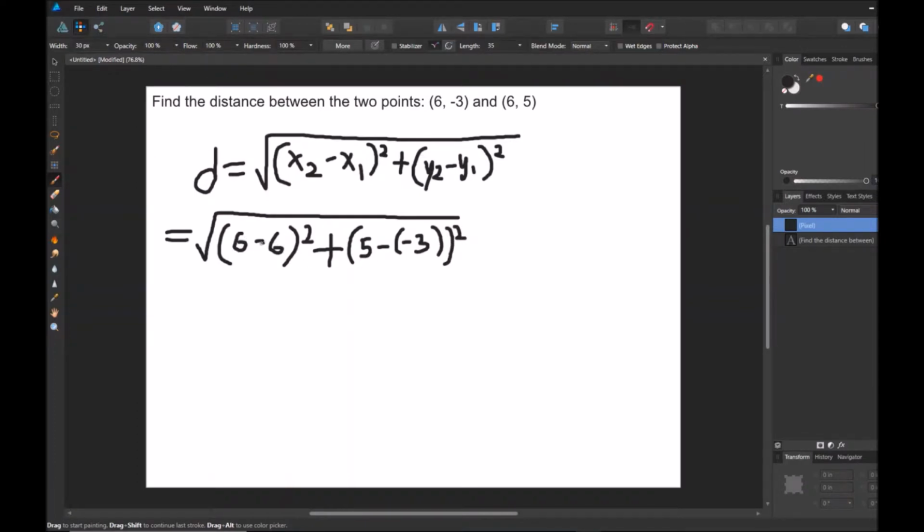Now 6 minus 6 is 0, and 0 squared is still 0. So I'm not even going to bother writing that in the next step, because it's not going to affect our answer in any way if this is just 0.